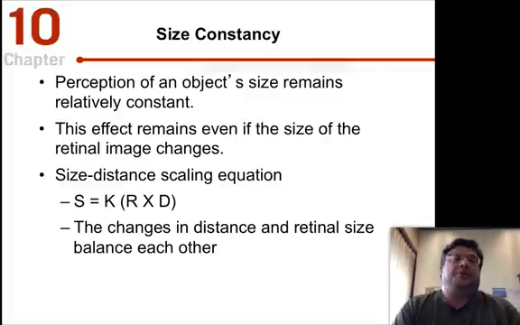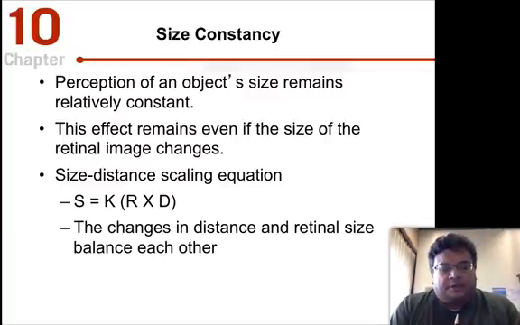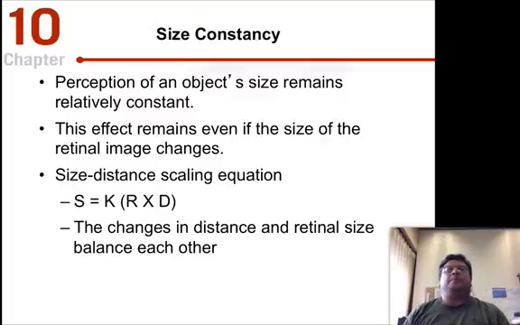So another thing that we do in terms of our perceptual processes is we compute sizes, and we have this property of our perceptual system of size constancy, meaning that our perception of an object's size stays constant, or relatively constant anyway.